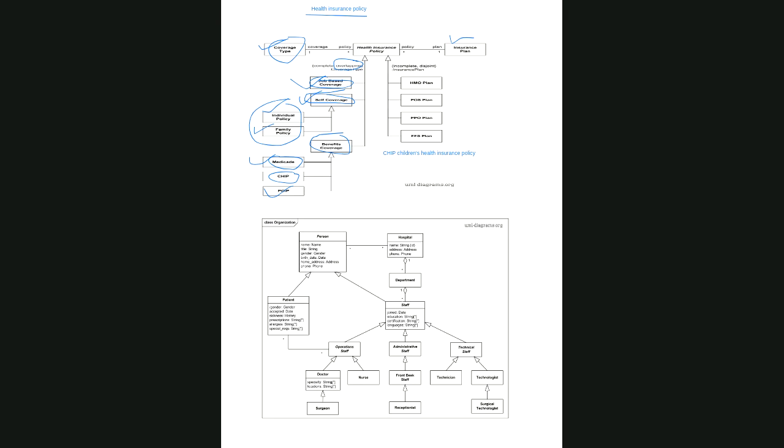Okay, I found this on the web. So let me write it: pre-existing condition insurance plan.